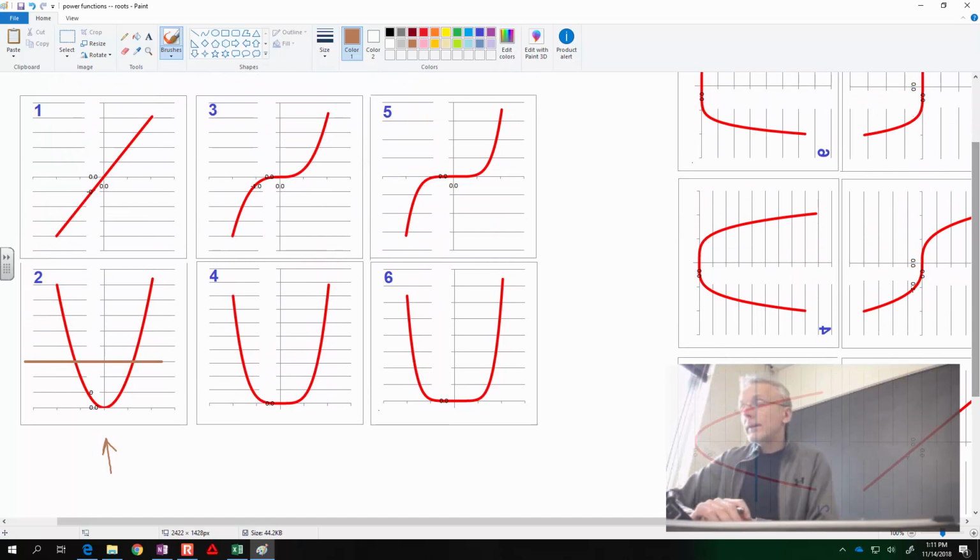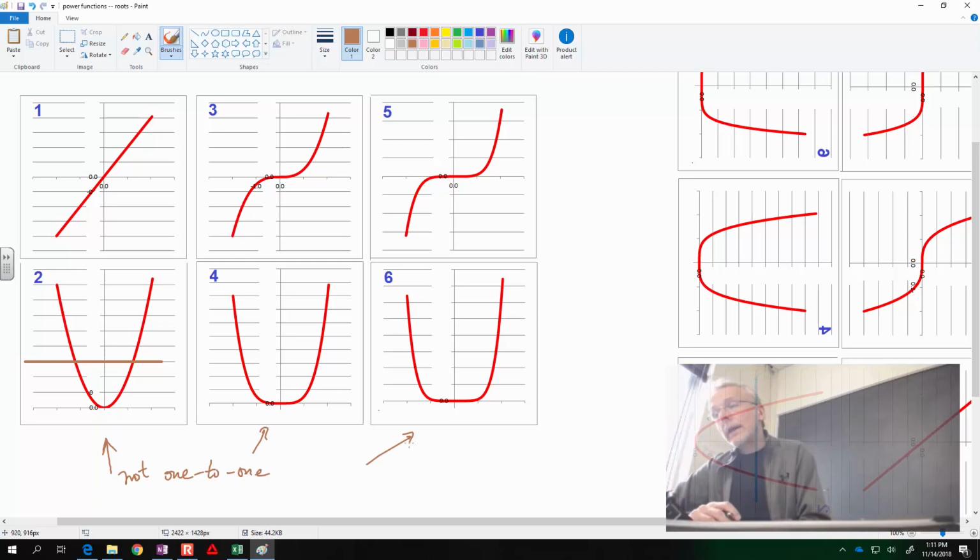What's the difference between the first row and the second row? The second row is not 1 to 1. That's right, not 1 to 1. So all of these three are not 1 to 1. They fail the horizontal line test, which means that they're not invertible. Not invertible means that there is no inverse to begin with.